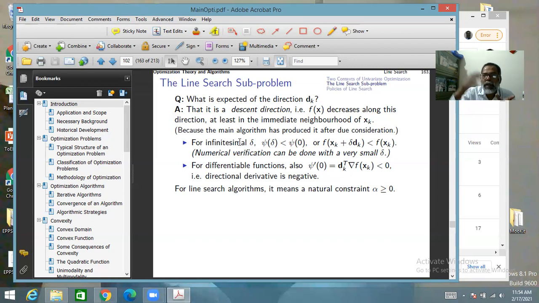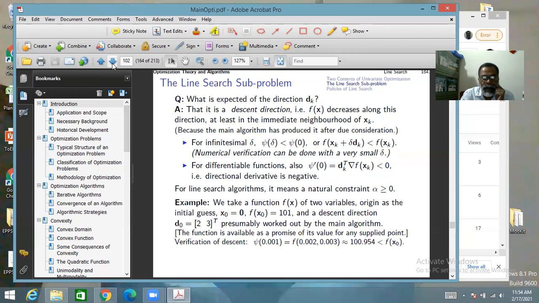For example, in the Newton's method version for multivariate optimization, if line search is taken along with it, then the line search upper bound is 1. So the main algorithm may supply an upper bound or may not. If it does not supply, then you have to do the bracketing. So let us take an example. We take a function of two variables, origin as the initial guess.